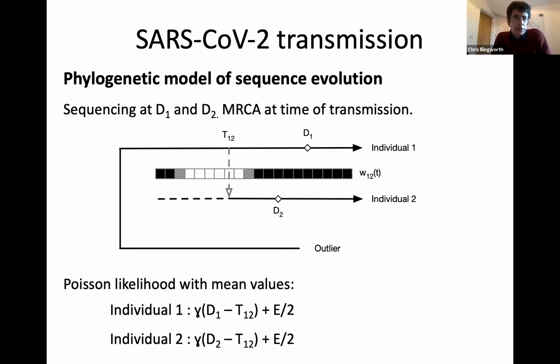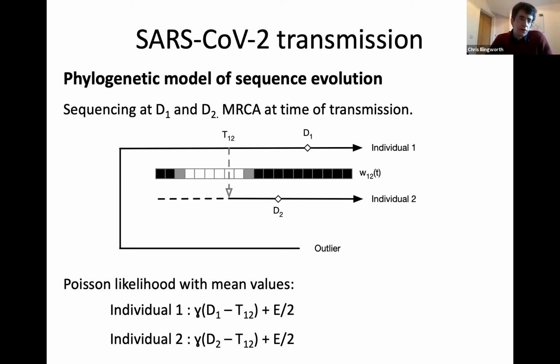We can then write down a likelihood, the rate of a Poisson distribution in a phylogenetic likelihood. Here it's just a gamma, which is a rate of evolution multiplied by the time between sampling and transmission. So the most recent common ancestor is at transmission, plus this error.